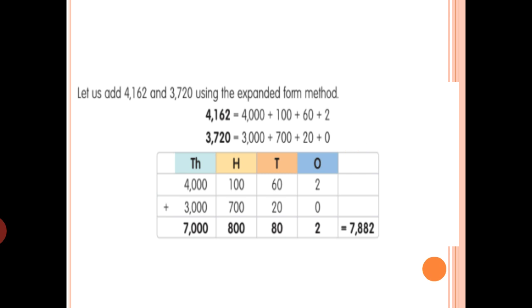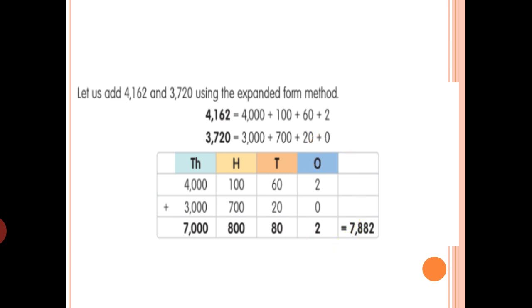Then we have arranged it in columns with ones, tens, hundreds and thousands, and written the digits in the correct places. Beginning from the last, first we add all the ones.